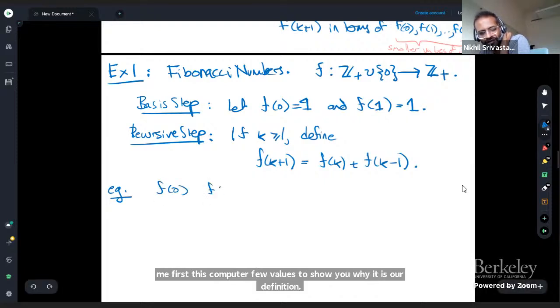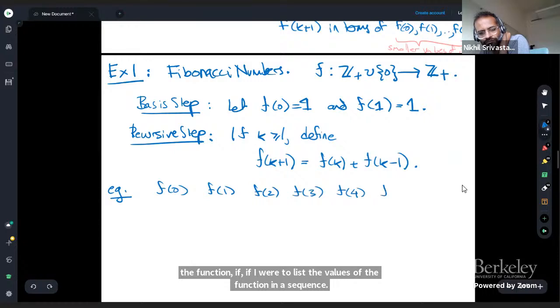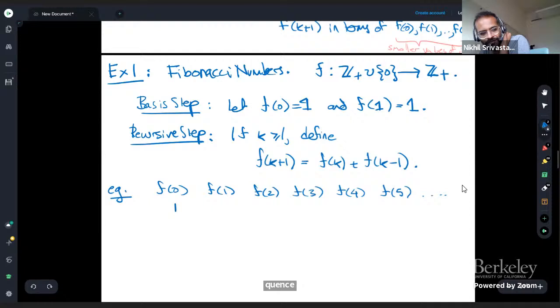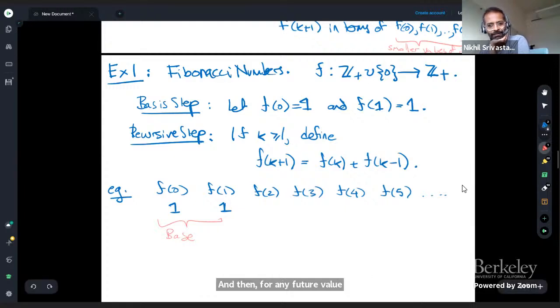So if I were to list the values of the function in a sequence, then the base case tells me what the first two values are. This is what the base case is doing. And then for any future value, I apply the inductive step to compute it as a function of the previous two values.